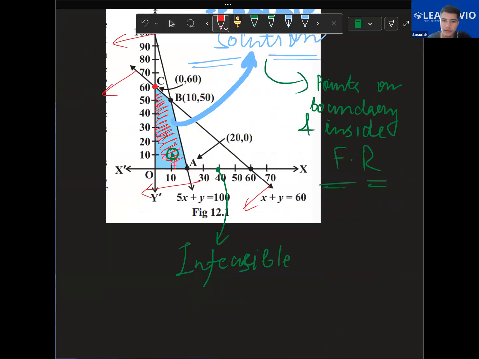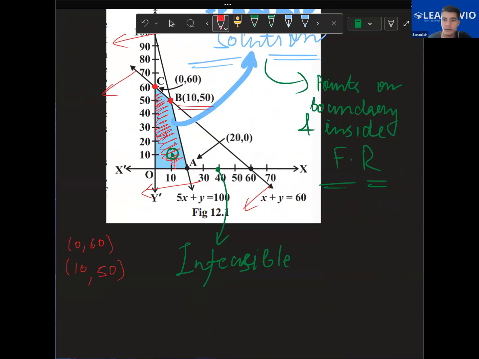Like over here, you have 3 points, like this 0,60. This B is 10,50, and this intersection you have to find out. If you have a proper graph, then you can get these values from the graph.